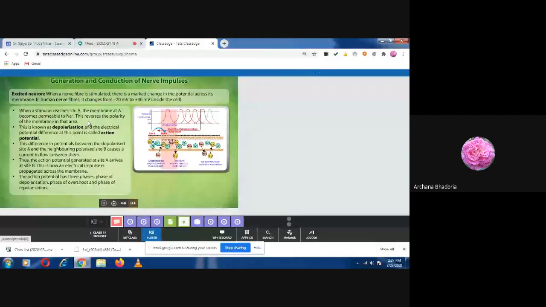And the electrical potential difference at this point is called action potential.